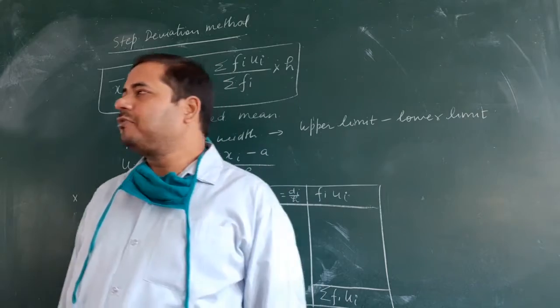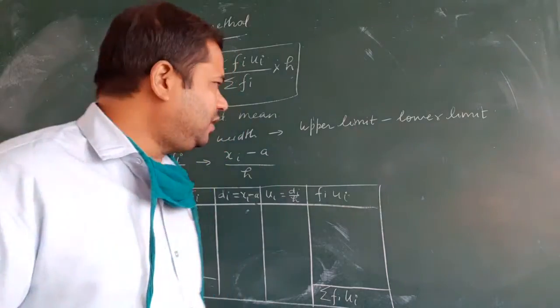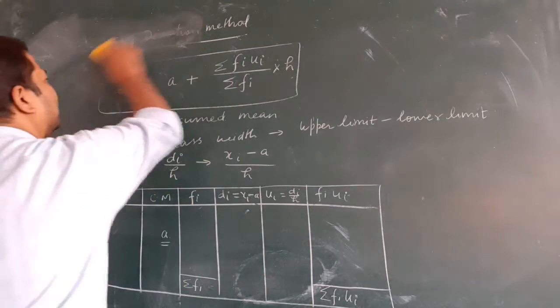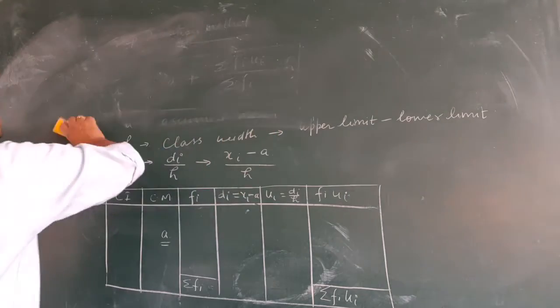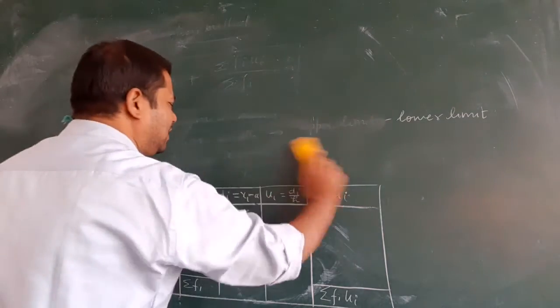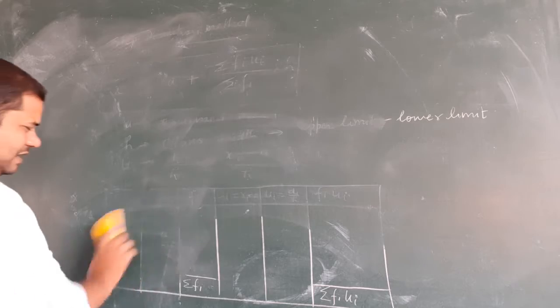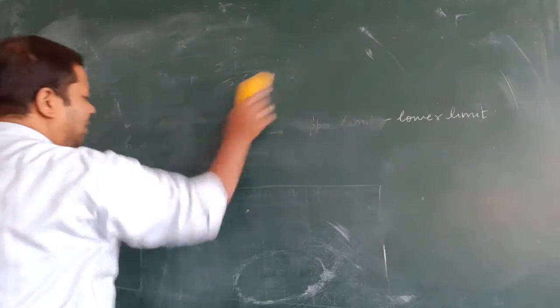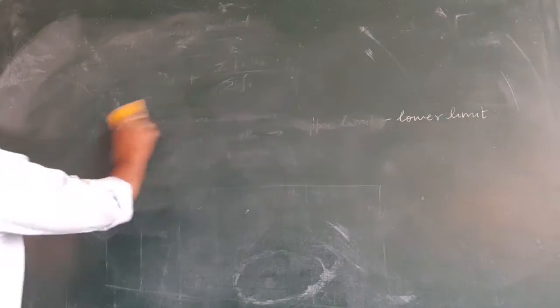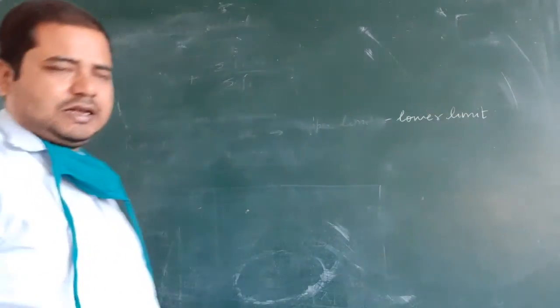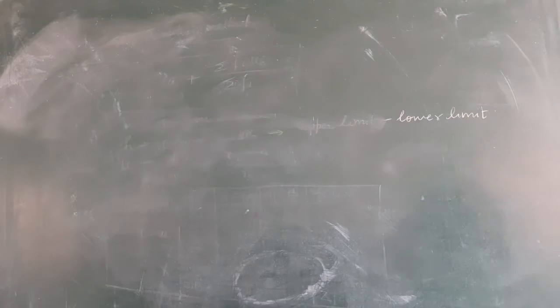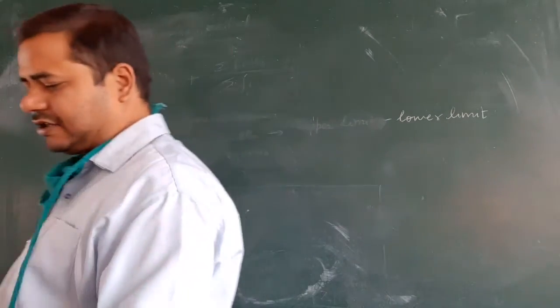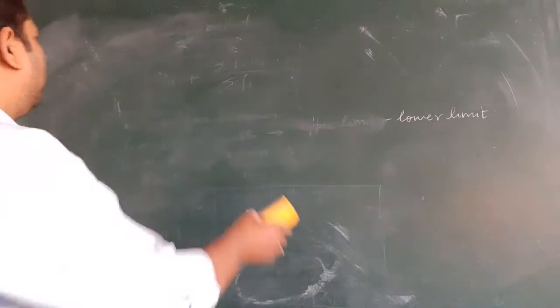We are going to do some questions from exercise 14.1. First of all, we are going to see questions based on missing frequency, that is, the mean is given, the sum of frequencies is given, but some frequency is missing. Suppose question number 3, exercise 14.1.